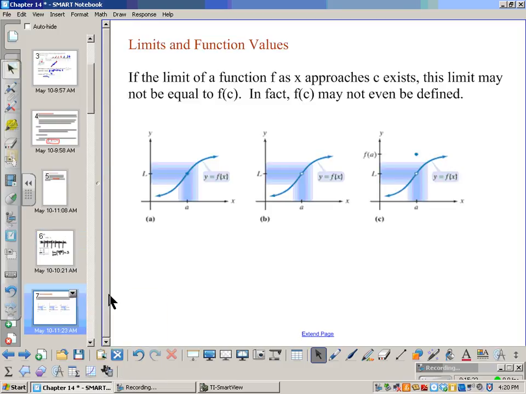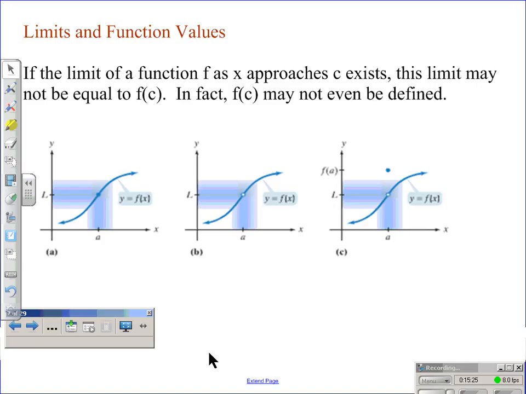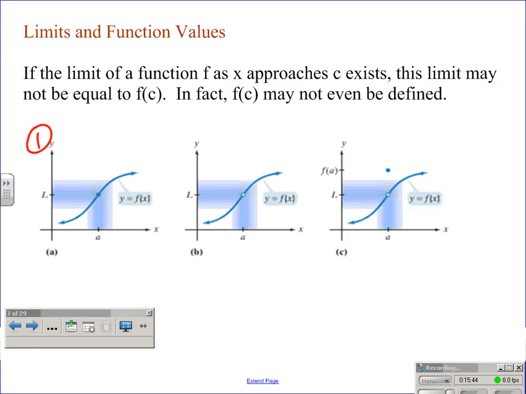Okay, and now let's go ahead and talk about limits and function values. If the limit of a function f as x approaches c exists, then the limit may not be equal to f of c. In fact, f of c may not even be defined. And so I have several different cases here that are going to help you understand that. Let's say I'm looking at this first one here.